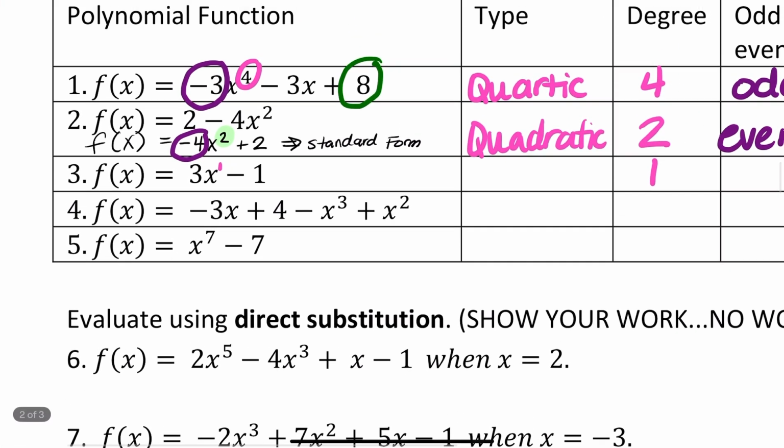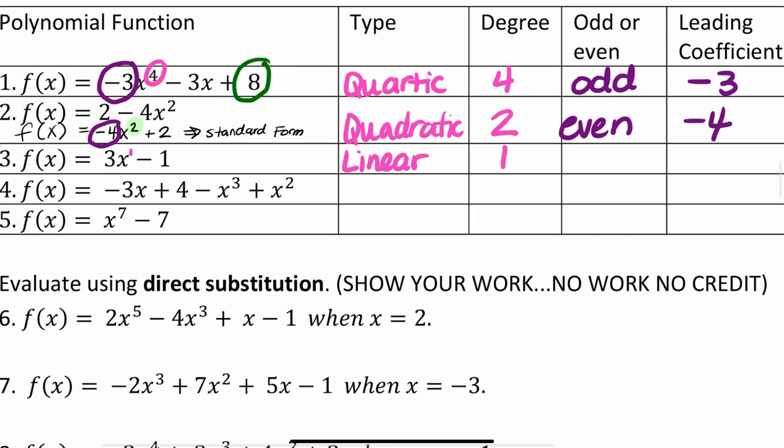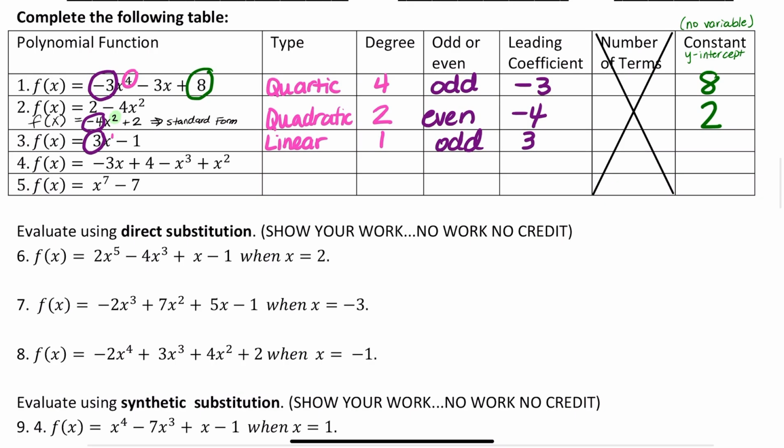So the degree here is 1, and degree 1 is classified as a linear function. So that is a straight line. Moving on to the leading coefficient. The leading coefficient is 3. 3 is an odd number, so this is an odd function. And lastly, our constant is negative 1.